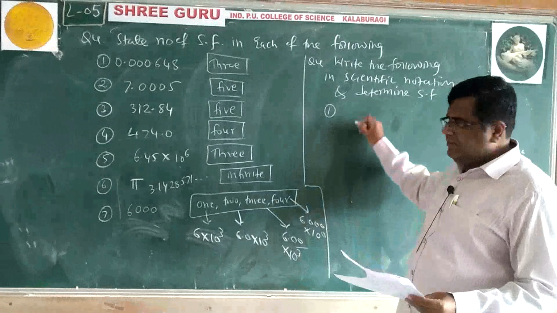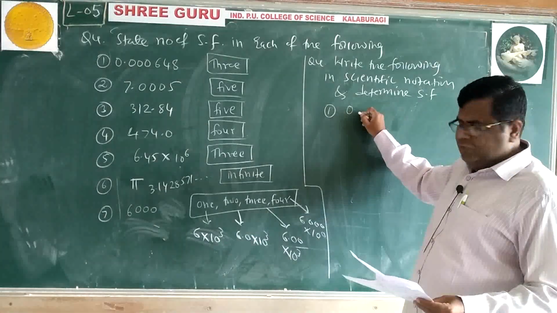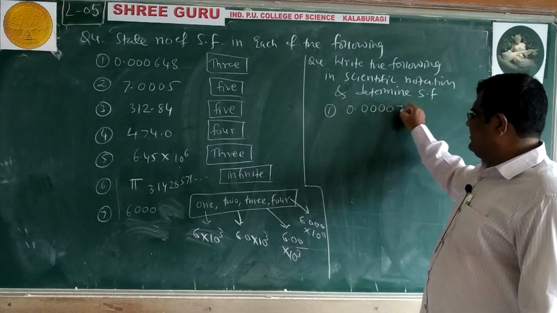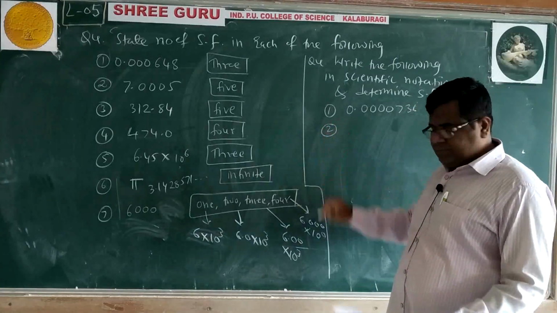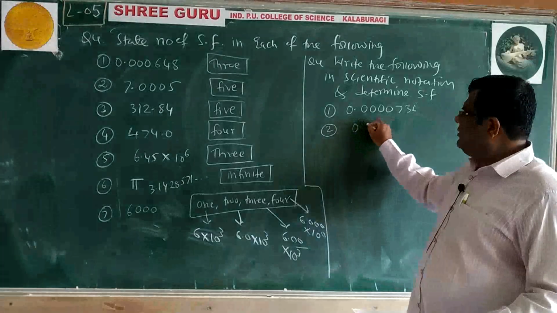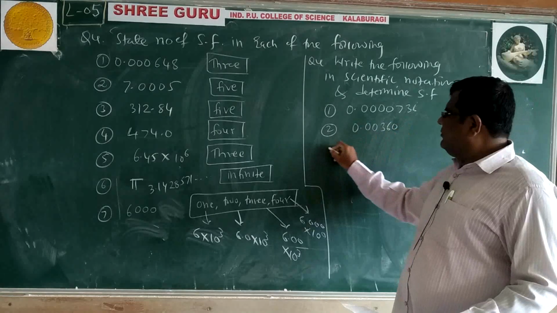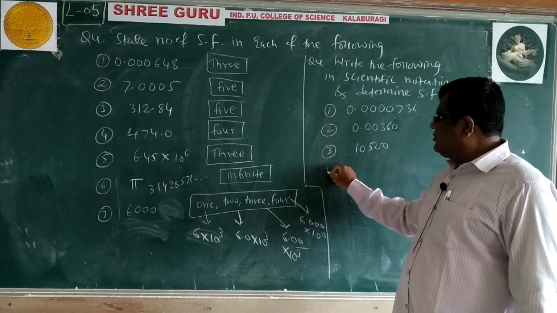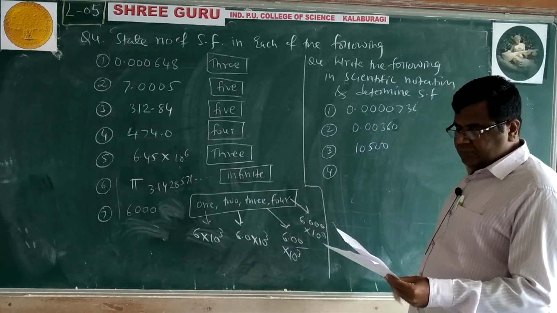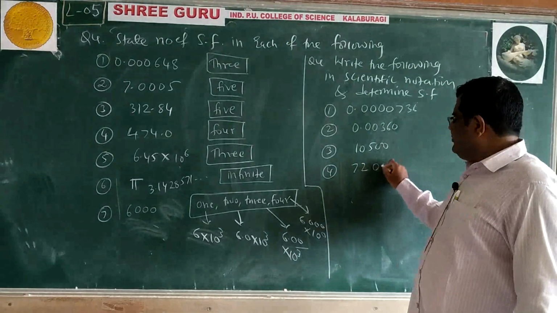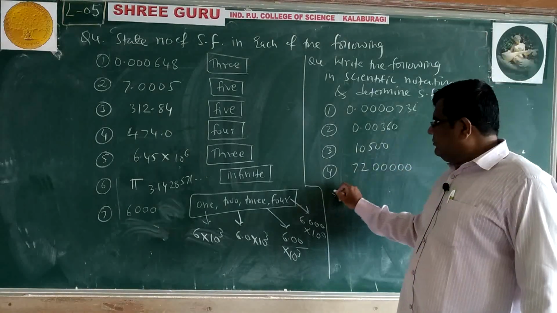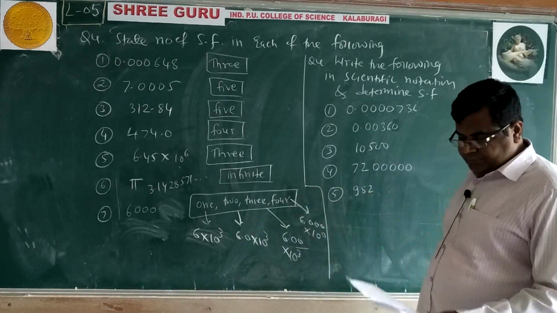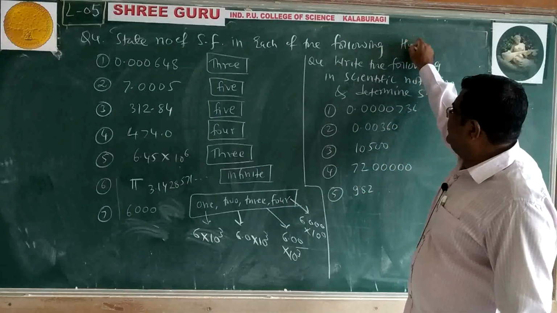The first one is 0.40, and then 736, 0.00360, 10500, 72, and then 980. So this is homework for you.